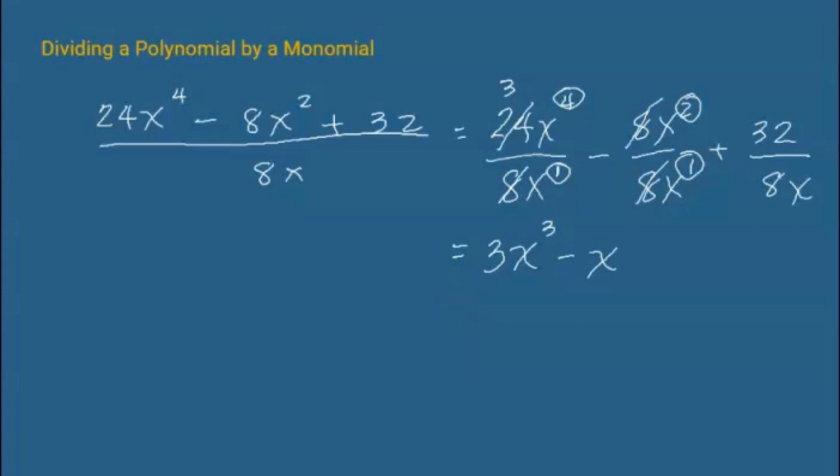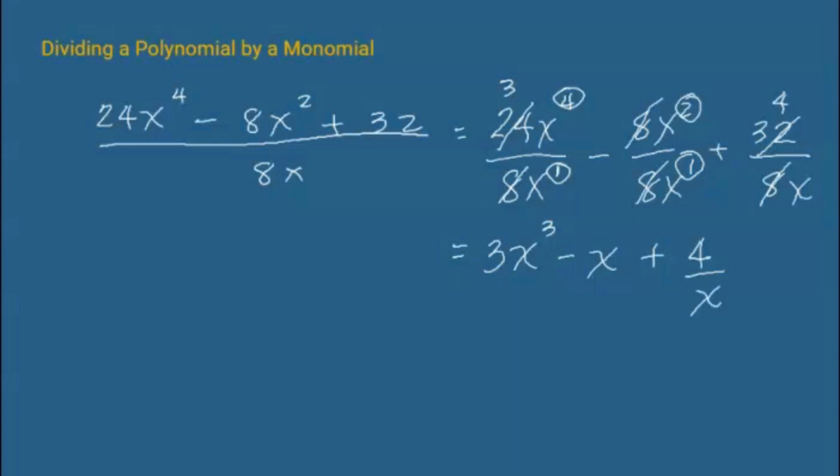Plus 32 divided by 8 is 4, and we don't have anything with the x, so we just keep the variable x in the denominator. So we have 4 over x.